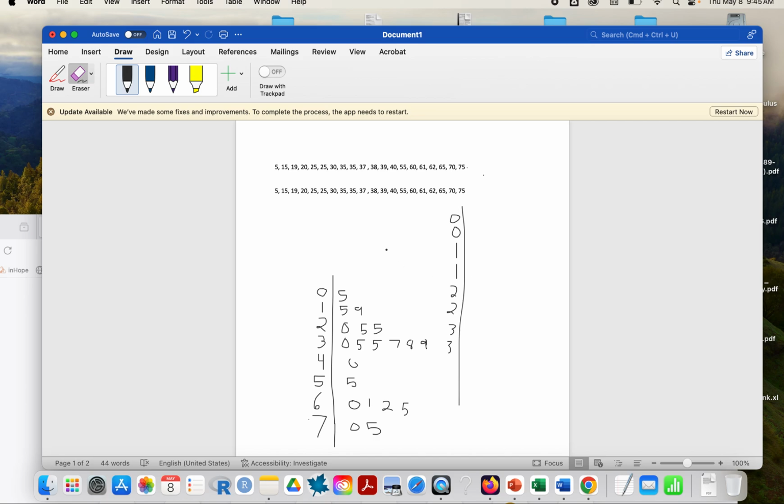If it's below 5, you would put it at the top stem, and if it's 5 to 9, you put it at the high stem. So 5, 5, and then 15, 15, 19, 19. And then at 20, you've got two 20s, because remember I doubled the data set, and then you've got a bunch of 5s, so you'd have four 5s.